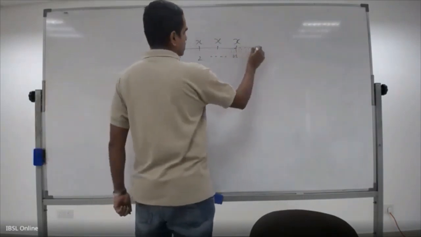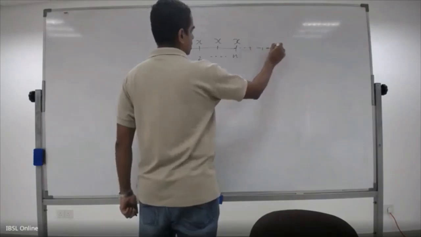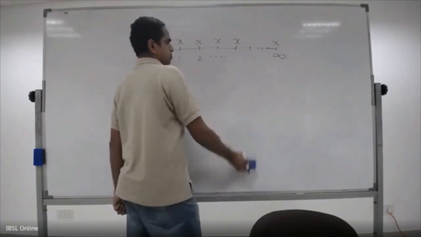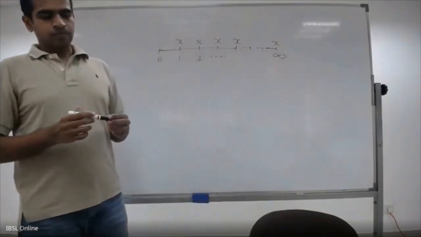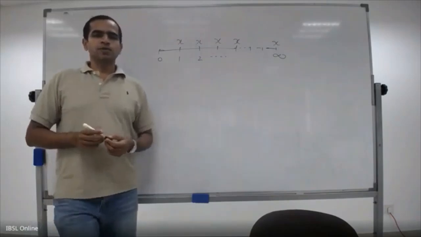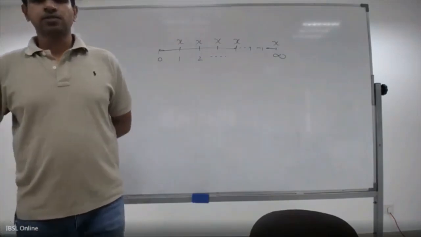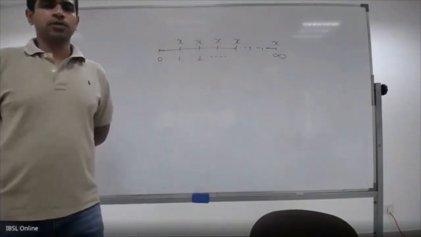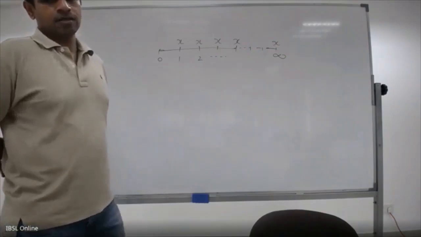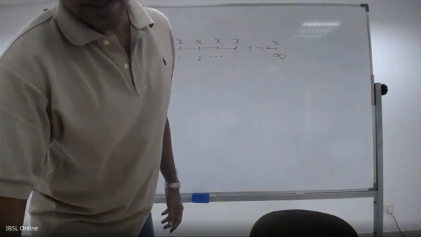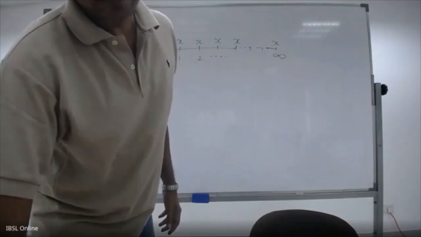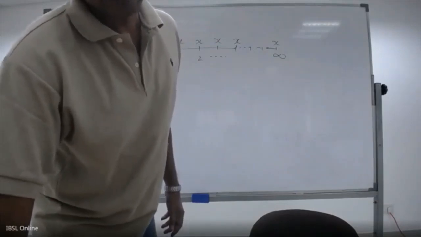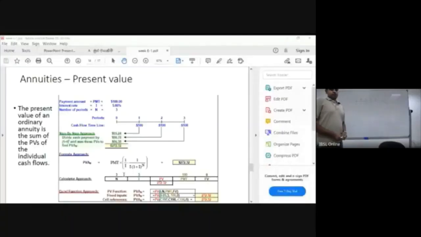And so you get the cash flows coming in indefinitely. It has an indefinite maturity. Perpetuities are securities that promise to make payments forever. The present value of a perpetuity can be found with a simple formula, which can be derived using the present value of an annuity.